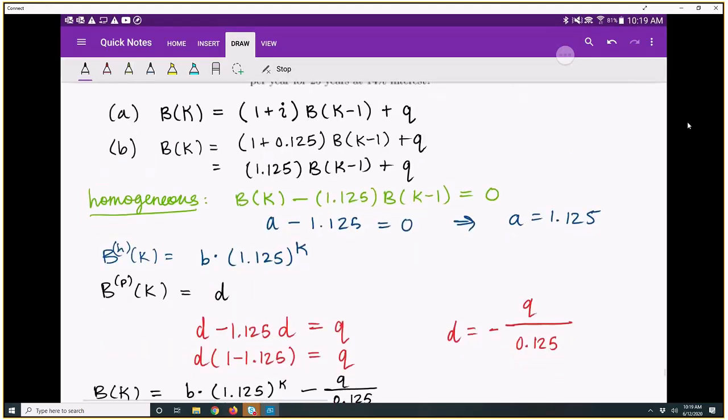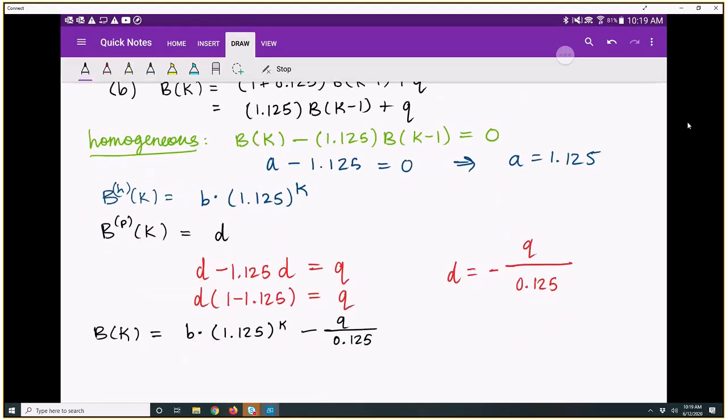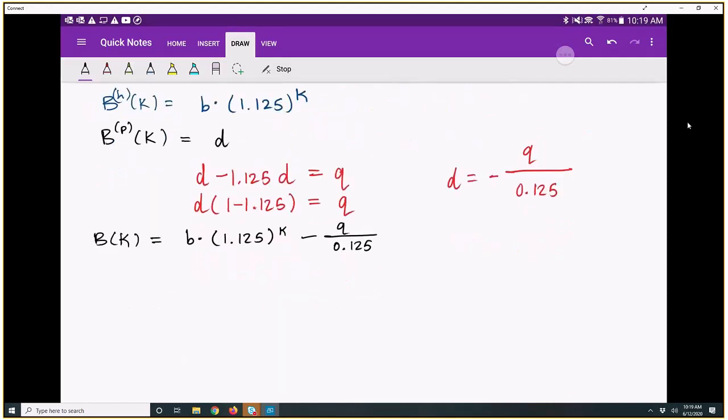So what is my initial condition? Well, my initial condition is that I'm just depositing q dollars. So that's going to be b of 0 equals q. But b of 0 is equal to b times 1.125 to the power 0 minus q over 0.125, which is equal to b minus q over 0.125.